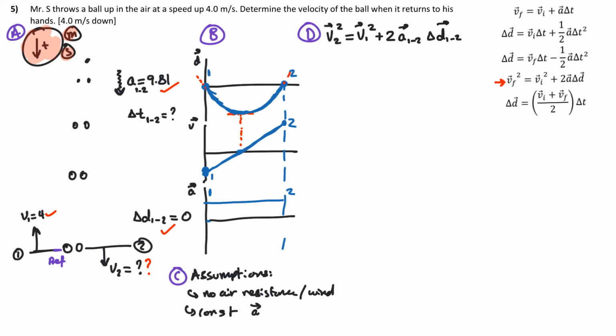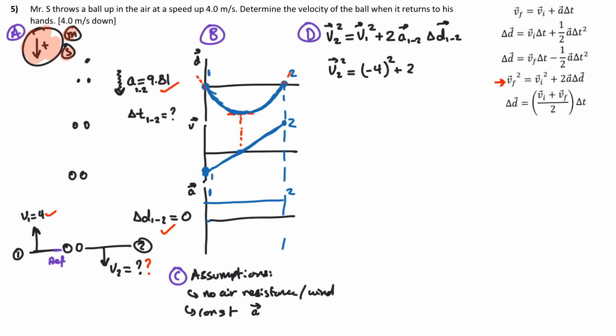Good. My final velocity in this case is what I'm trying to find. So v2 squared is equal to v1. Let's see the direction. It's going upwards, so my positive is downwards, so they're opposite. I have to use -4 squared plus 2 times the acceleration.